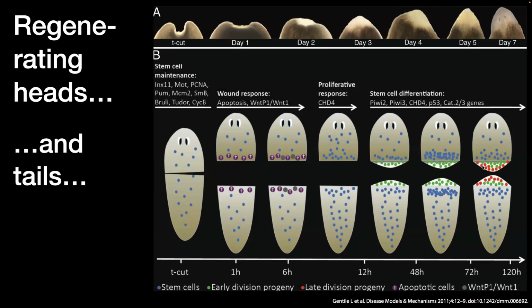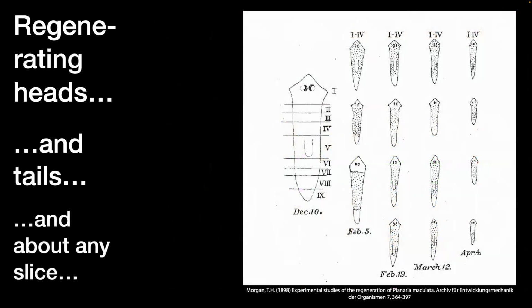And this has intrigued researchers already for about 100 years to look into planarians as a model system. This is a famous paper by a person that you may know by name. It's Thomas Hunt Morgan, who already worked on planarians, and I'm sure you know his name rather from a different context, because Thomas Hunt Morgan is considered the person that has established the fruit fly as a genetic model system.